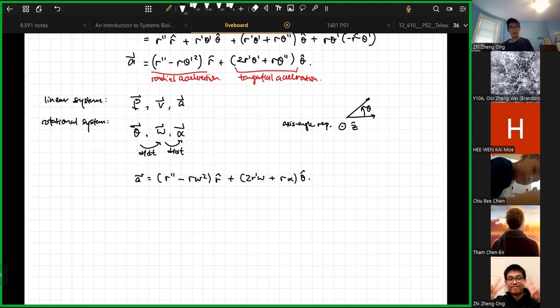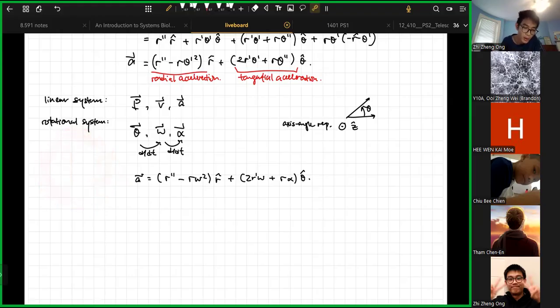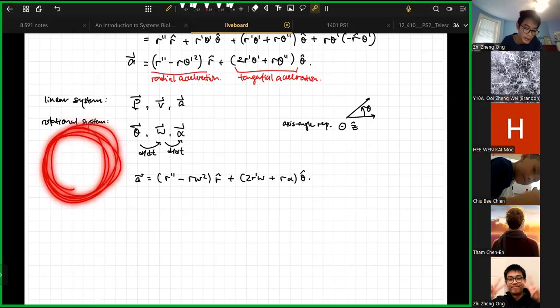Something I want to draw your attention to is what happens when there is zero radial acceleration. When something's in constant, perfect circular motion, what is the radial acceleration? When something is in circular motion, it doesn't get out of the circle.